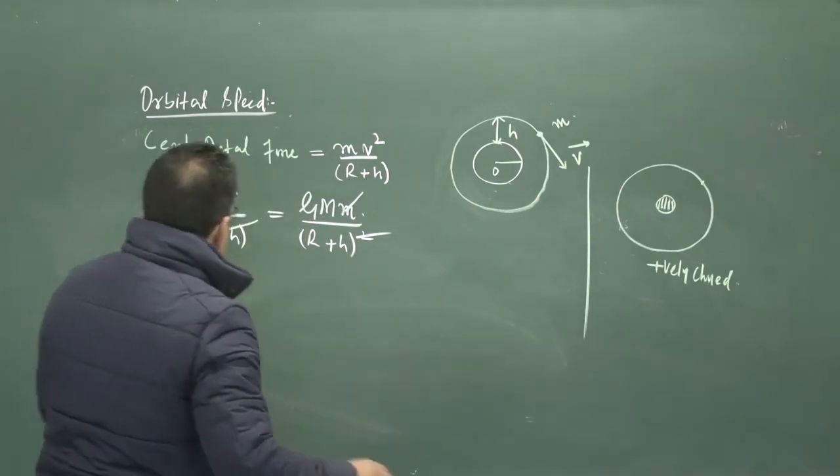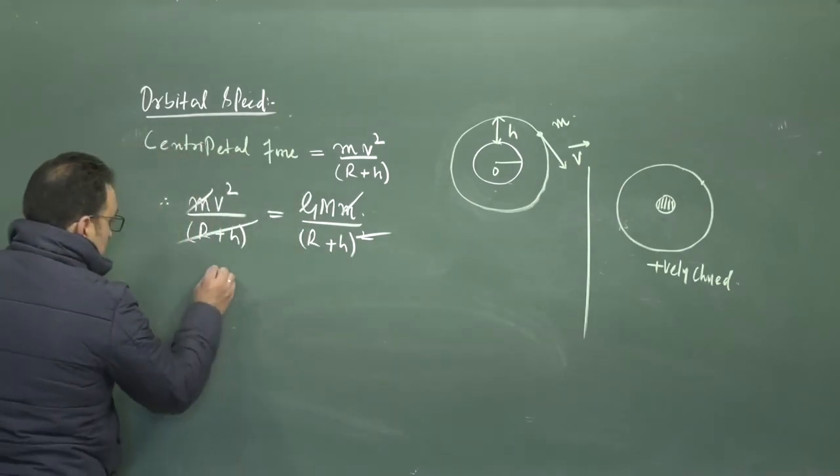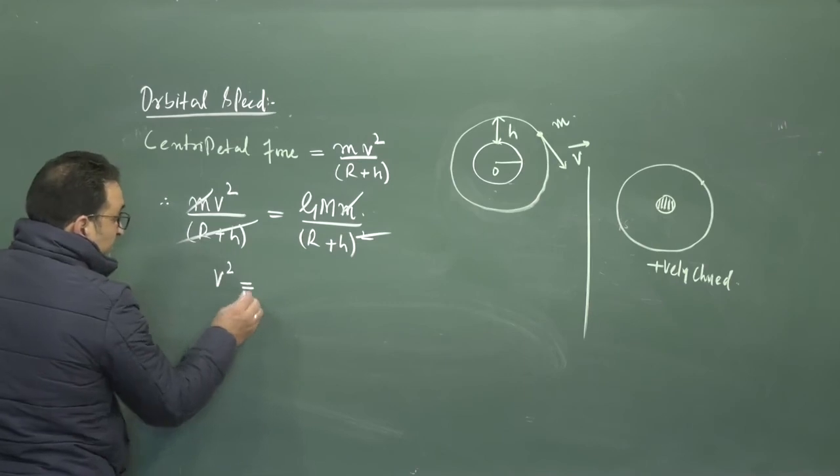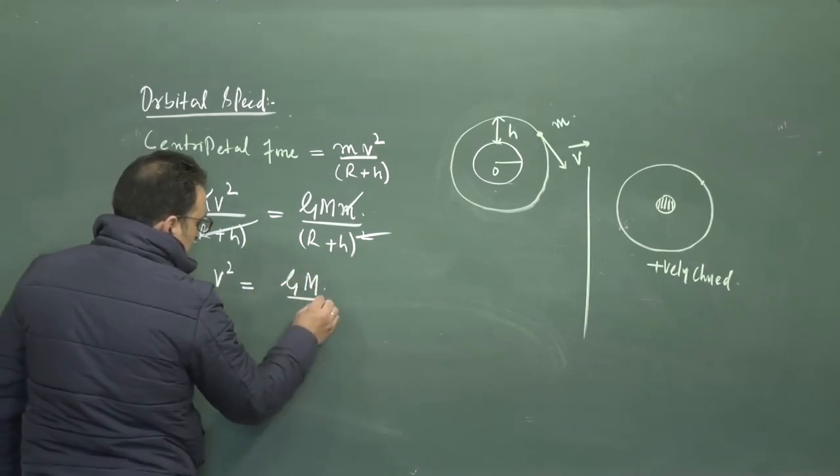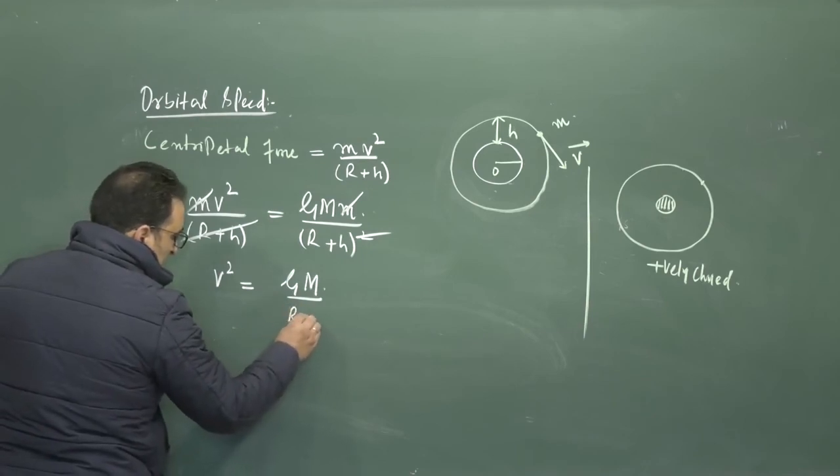We are left with v square equals G times M divided by (R plus h).